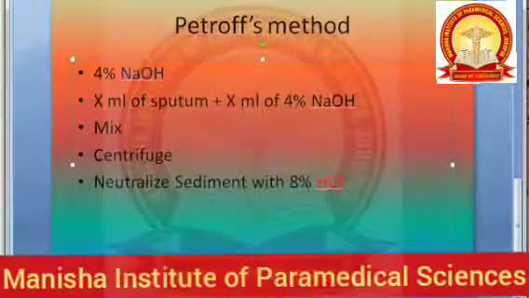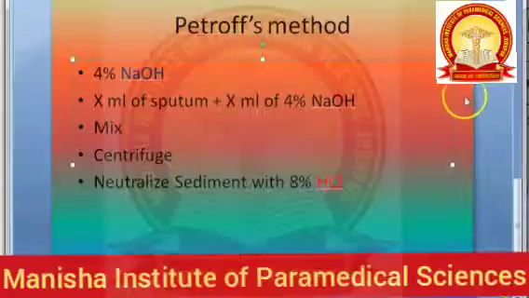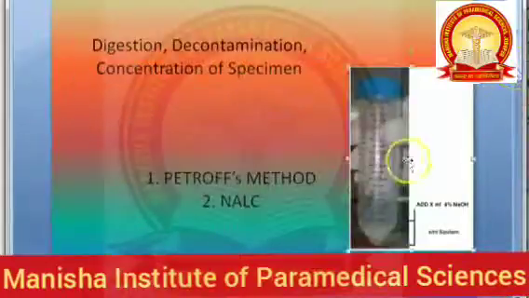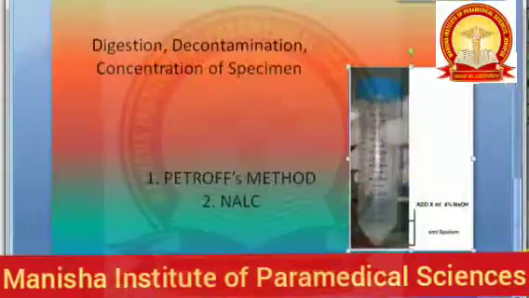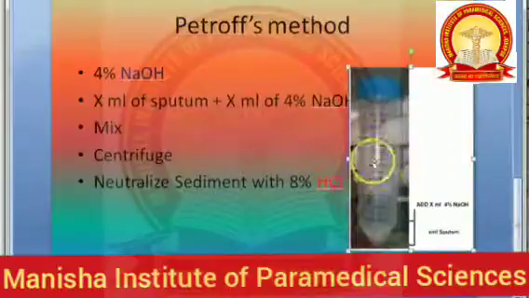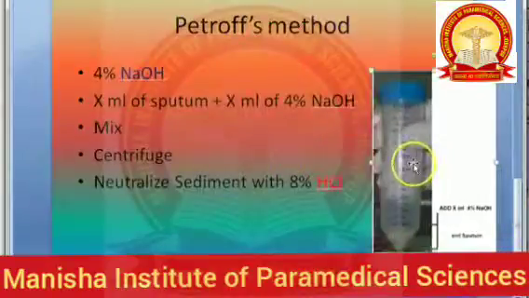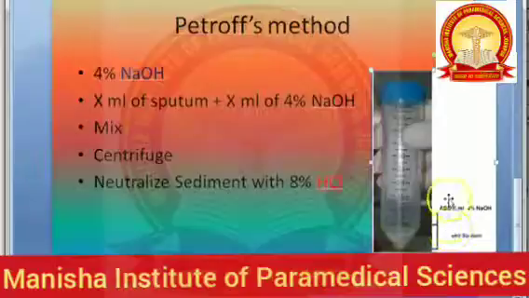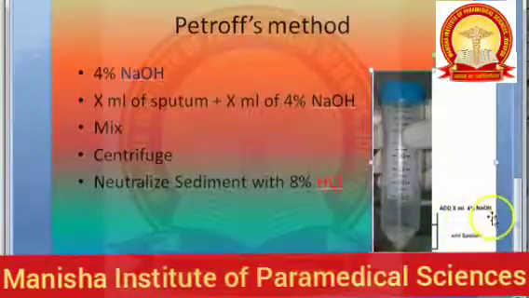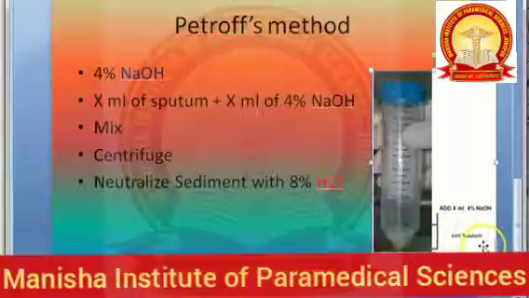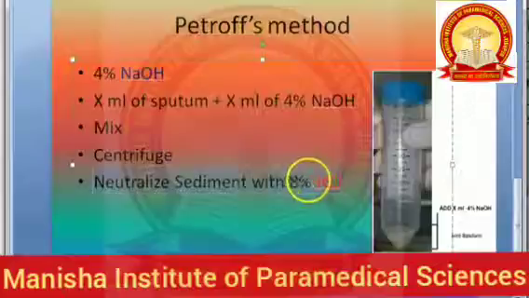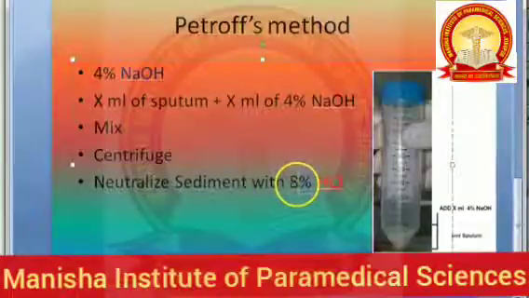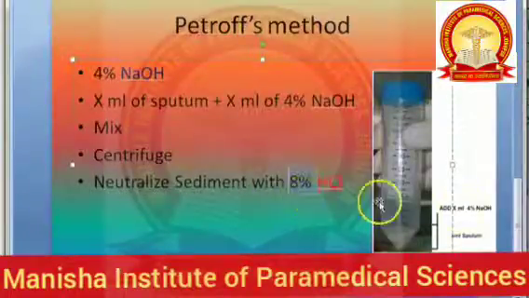Petrov's method. Very good. Now this diagram, I fetched from the internet. When I searched for Petrov's method, this is what I got. Here also they have written the same thing. Add X ml of 4% NaOH, add X ml of sputum, then you will centrifuge it, pick up the sediment and add 8% HCl.